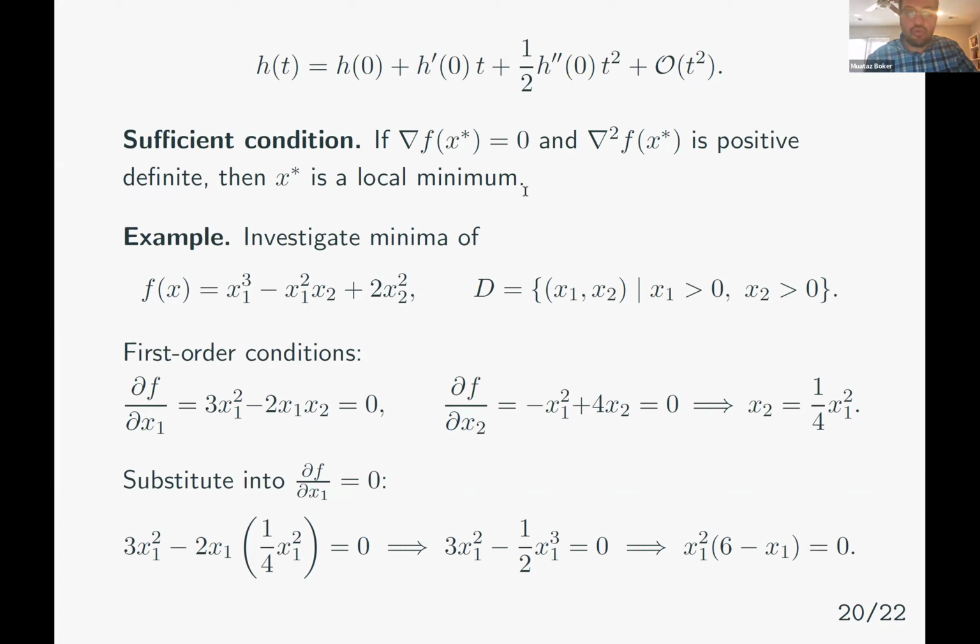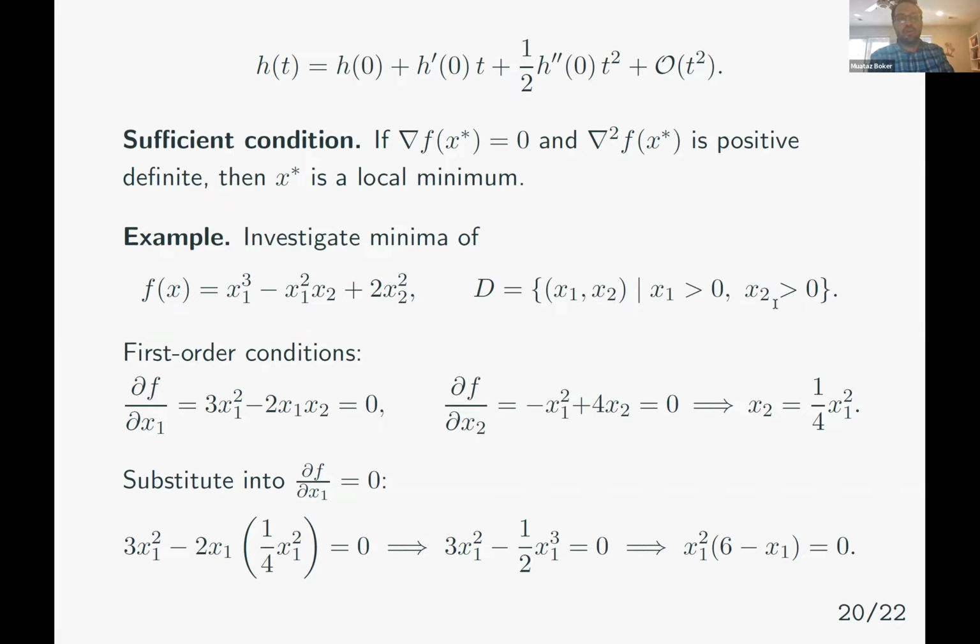All right, let me now conclude with this example. Investigate the minima of this function here. Let's consider this function: F of x is equal to x1 cubed minus x1 squared x2 plus 2x2 squared, over the domain where x1 is always positive and x2 is always positive.